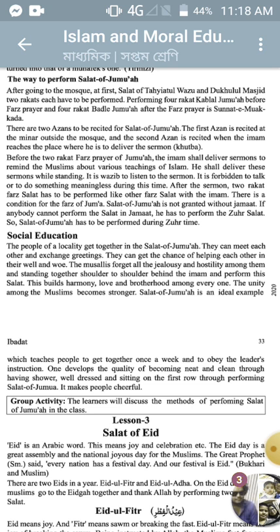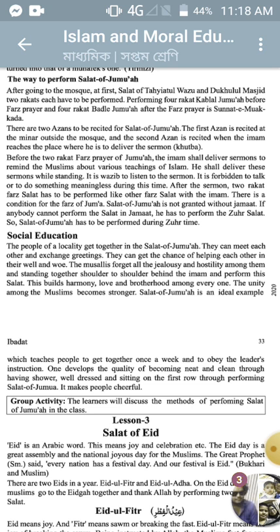The musallis forget all the jealousy and hostility among them and, standing together shoulder to shoulder behind the Imam, perform this Salat. This builds harmony, love, and brotherhood among everyone. The unity among the Muslims becomes stronger.